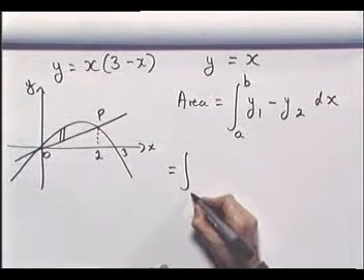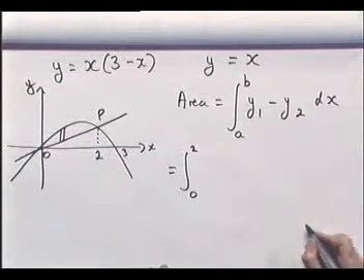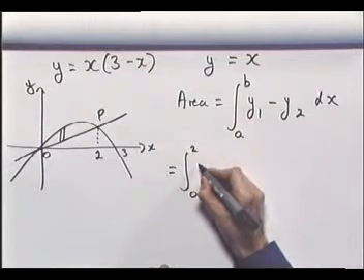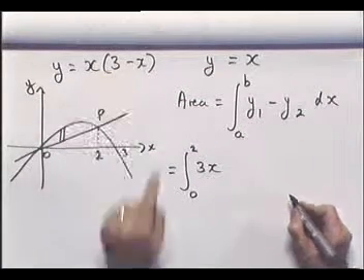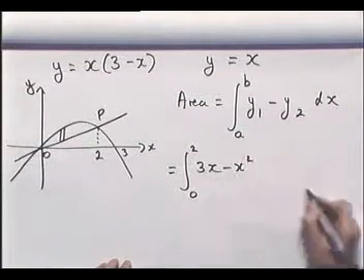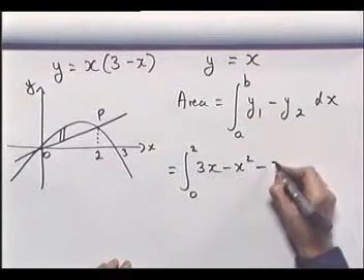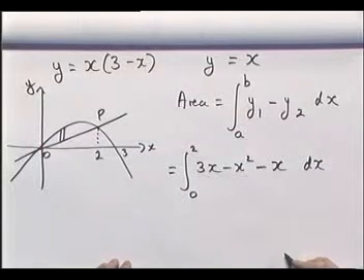So our limits here are 0 to 2, and y1 is this one. Let's multiply it out first. X times by 3 is 3x, and x times by minus x is minus x squared. Take away y2, so we're taking away x and integrating with respect to x.